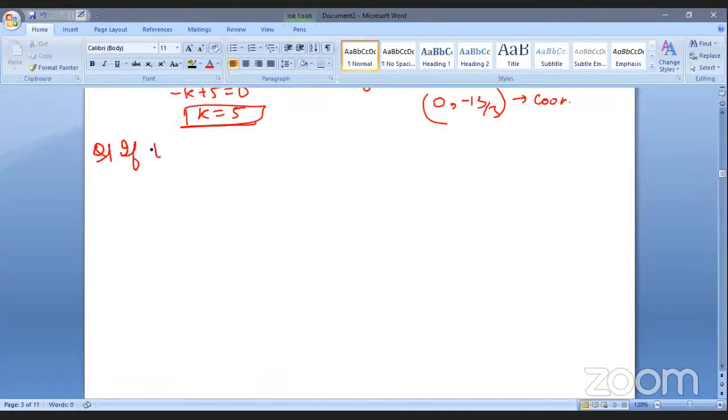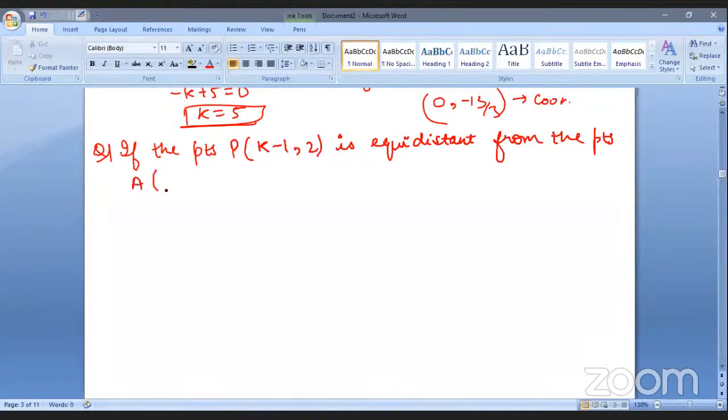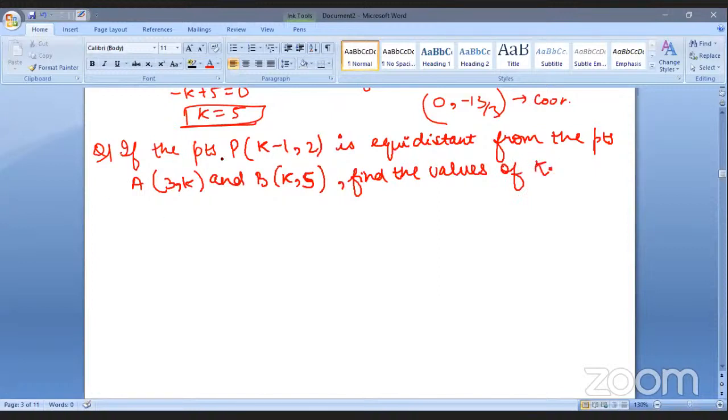If the point P (k - 1, 2) is equidistant from the points A (3, k) and B (k, 5), find the value of k.